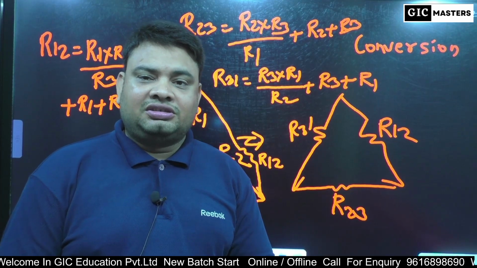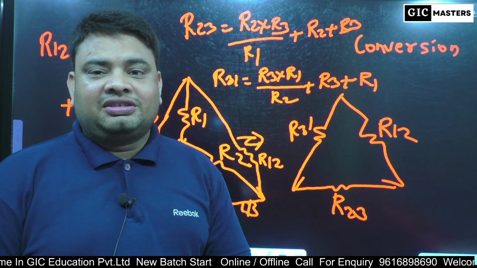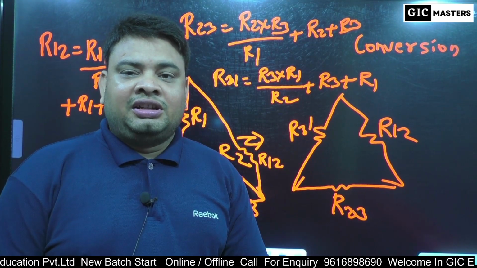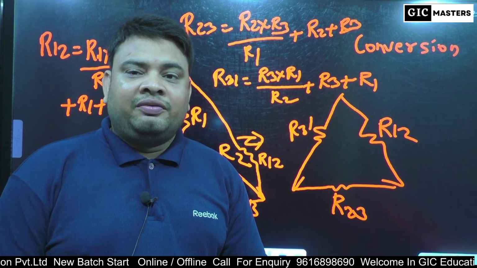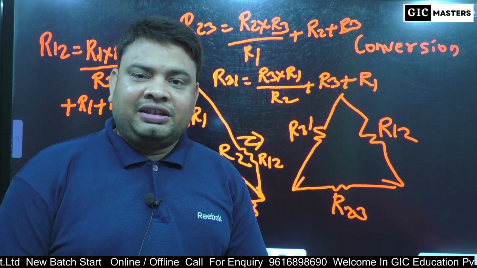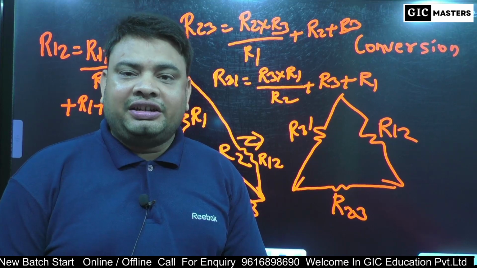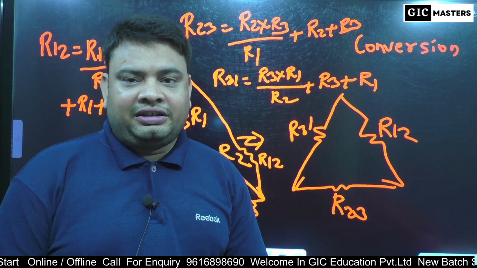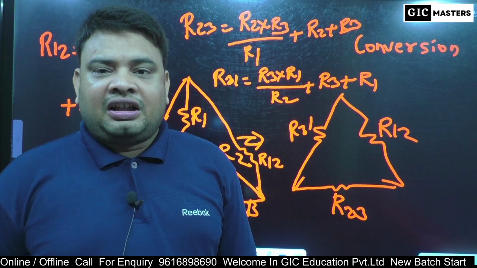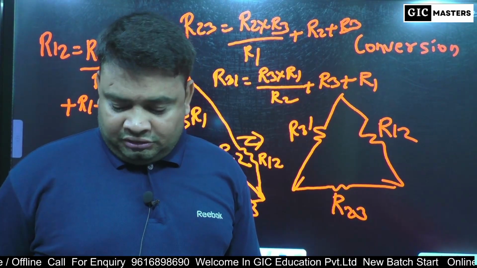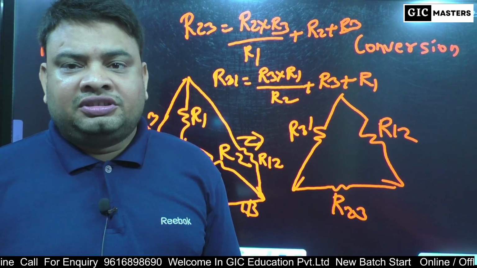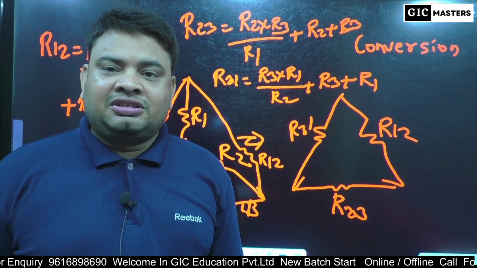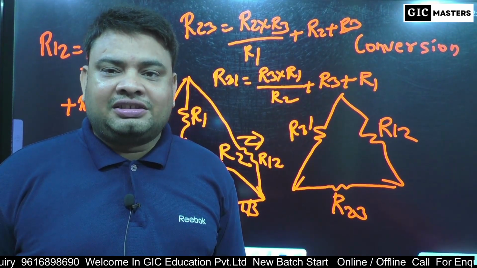First we discussed series combination, second parallel combination, third series parallel combination, and finally, when resistors are given in a star and we want to convert them into a delta, how to convert a star connected resistor into a delta connected resistor. After today's lecture, we will discuss inductor and capacitor in the next class.